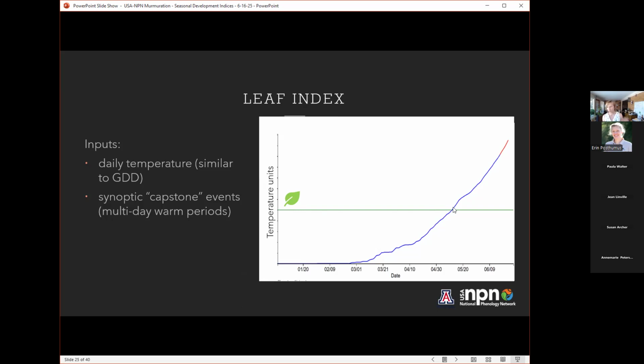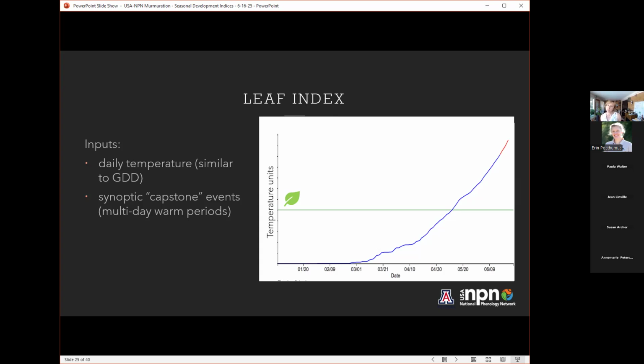Then you have achieved the spring index and spring has begun. That's basically what our maps indicate: the day of year that this line gets crossed. It's basically once your location has had enough warmth accumulated, on the day that you cross that line, that is the day that the leaf index was reached. I'm not giving you a number because it's growing degree days.